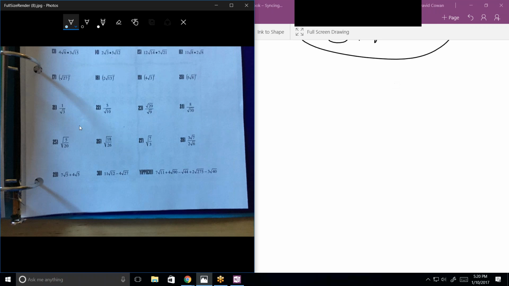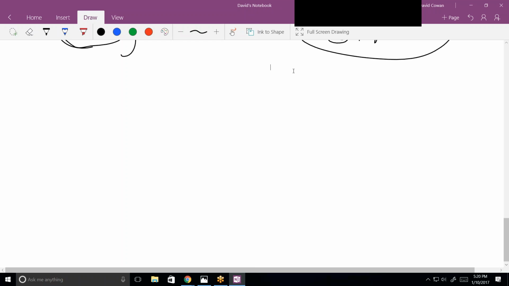And this was the stuff they were doing, which is actually fairly similar to your stuff. It only involves a lot of radical signs. But I'm surprised at how close the two materials are. You have to pretty much remember the same rules. Okay, what else you got?